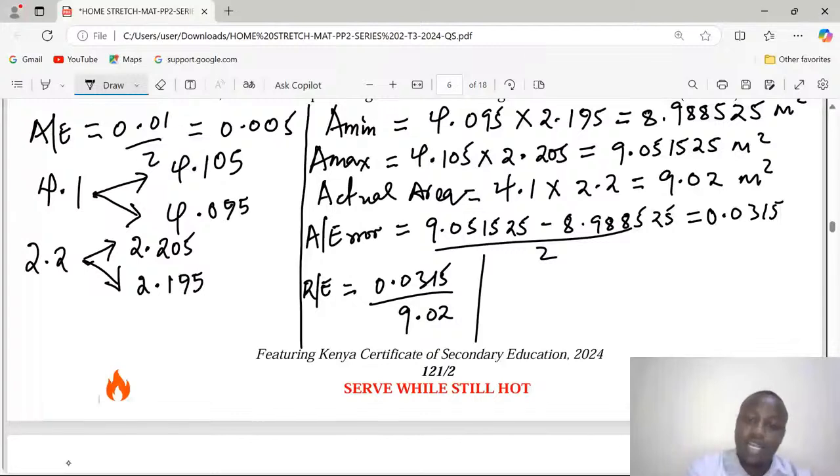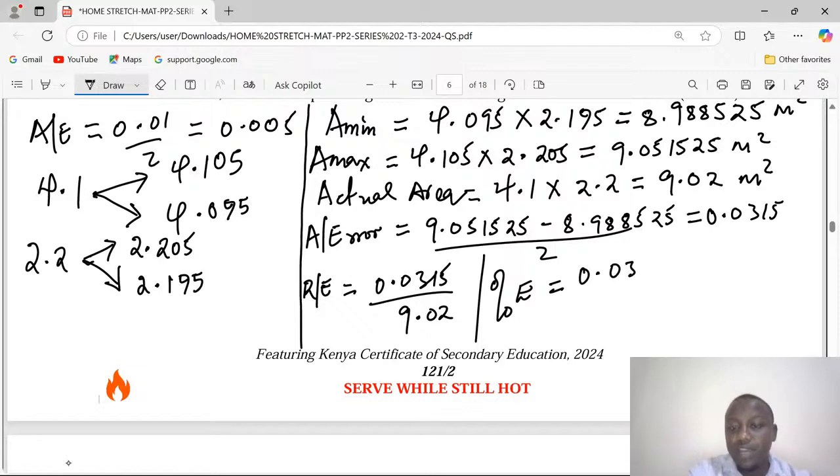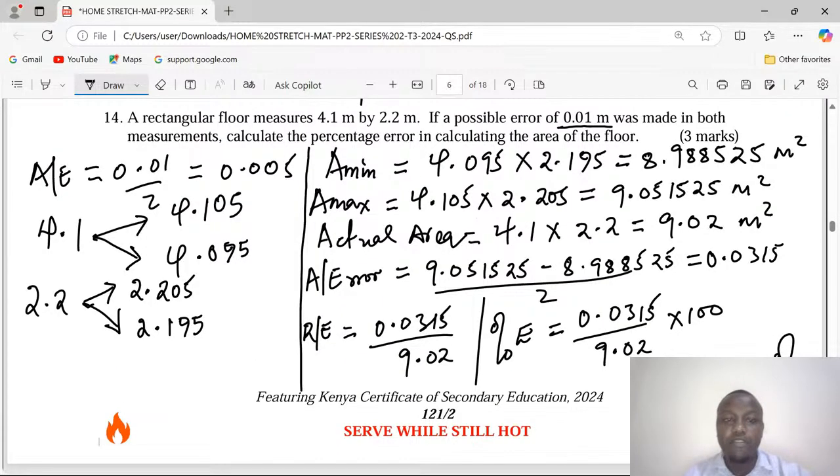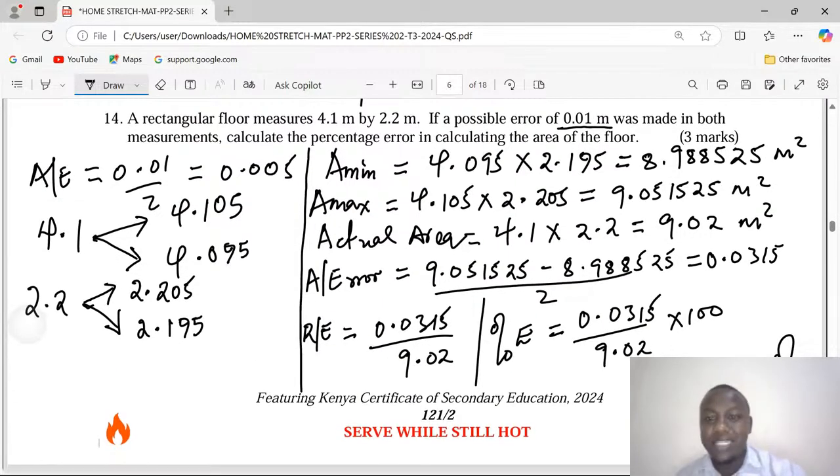Then finally, percentage error, which is given by relative error multiplied by 100. This is going to be exactly 0.3492%.